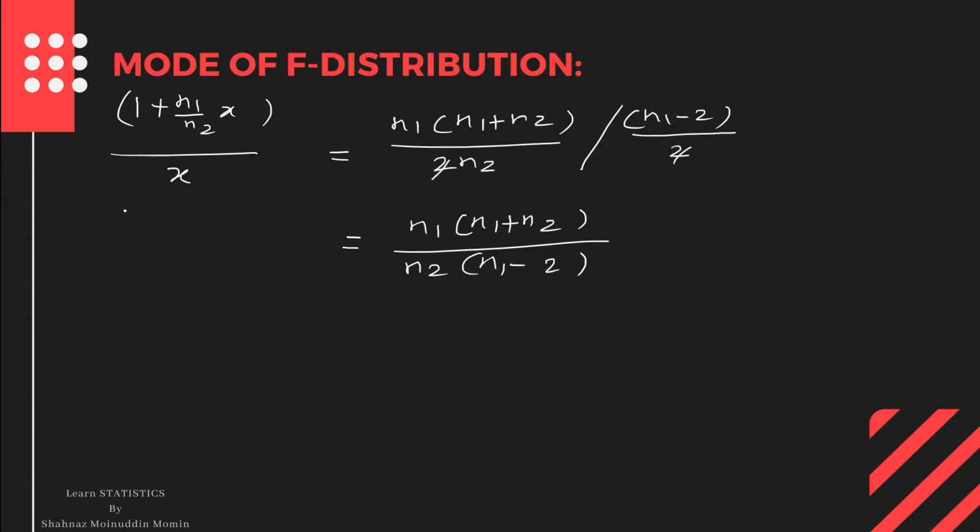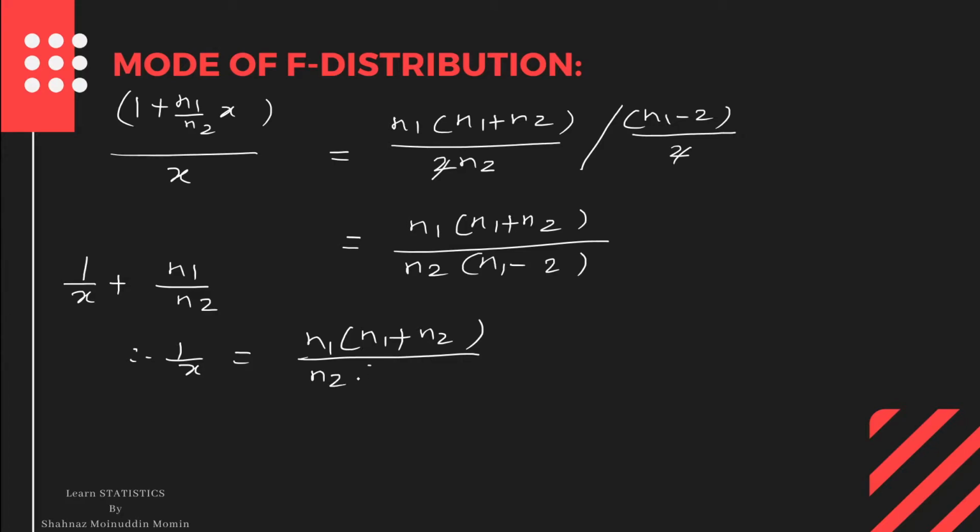Now we will simplify the left side, dividing x separately, so it is 1 upon x plus n1 upon n2. Hence 1 upon x is equal to (n1 plus n2) divided by n2 multiplied by (n1 minus 2) minus n1 upon n2.